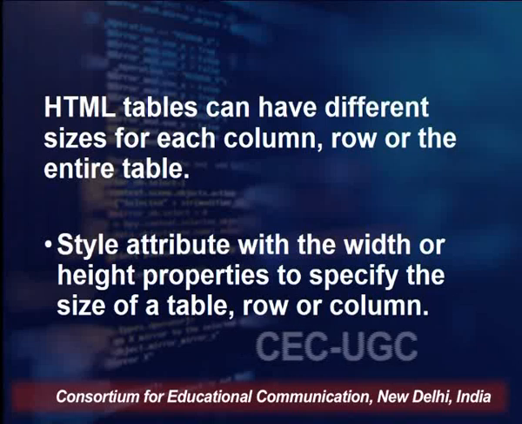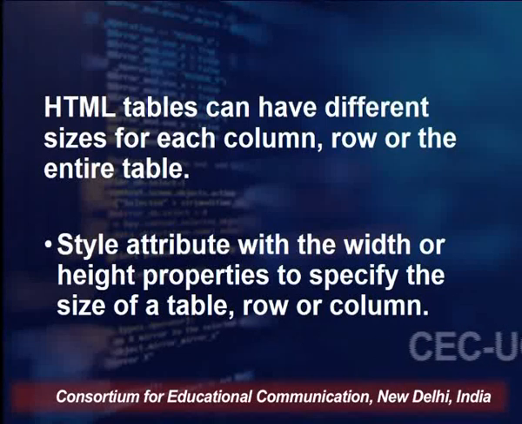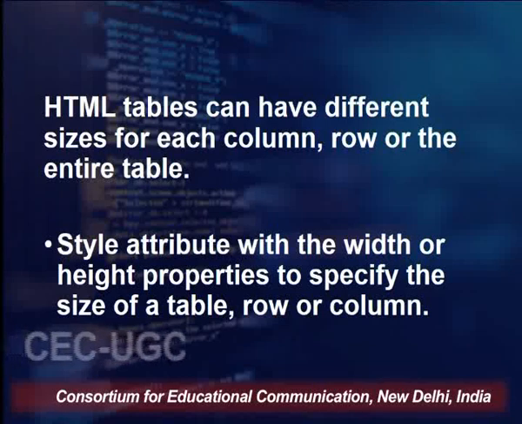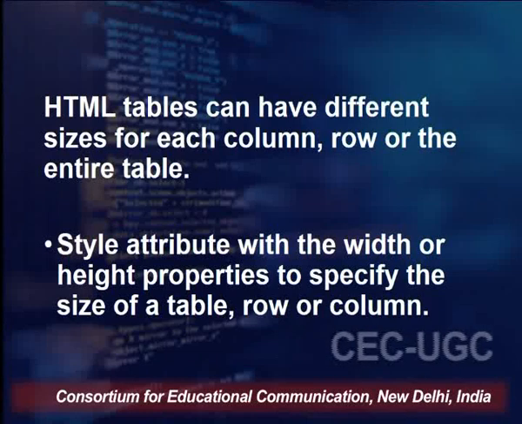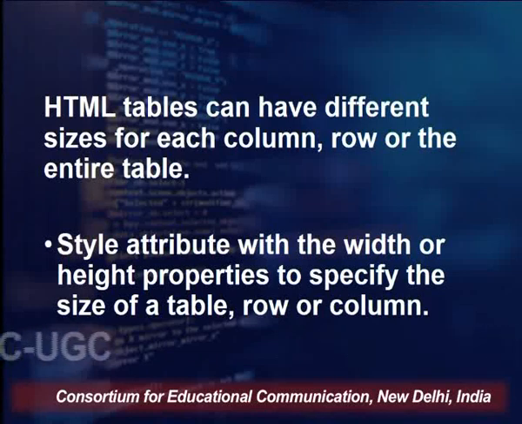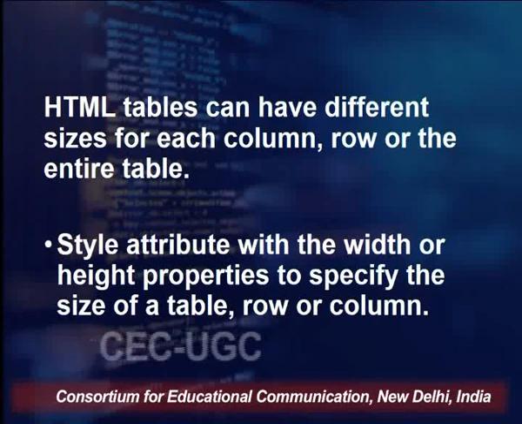Those also can be controlled using the style attributes, and we have the width and height properties. So height and width can be specified for a table, for a particular row, or for a particular column as well.